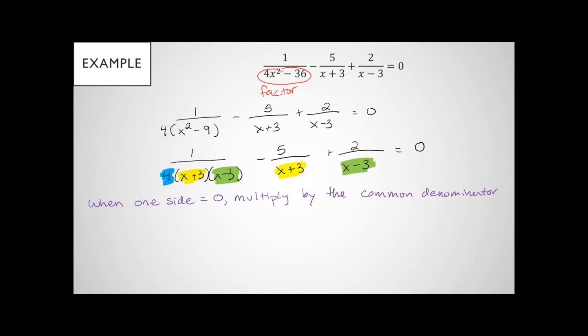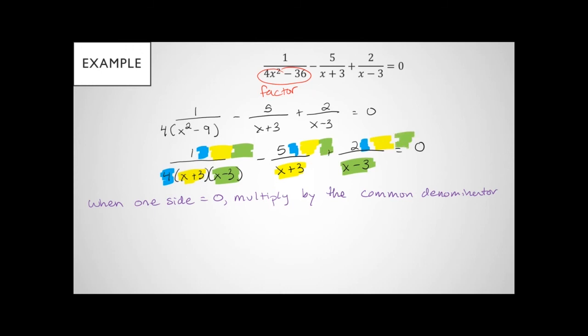And so you're going to be multiplying everything by, and our common denominator is going to be the 4, the x plus 3, and the x minus 3. So if you color code, you're going to be multiplying everything by the blue 4, everything by the yellow x plus 3, and then everything by the green x minus 3.